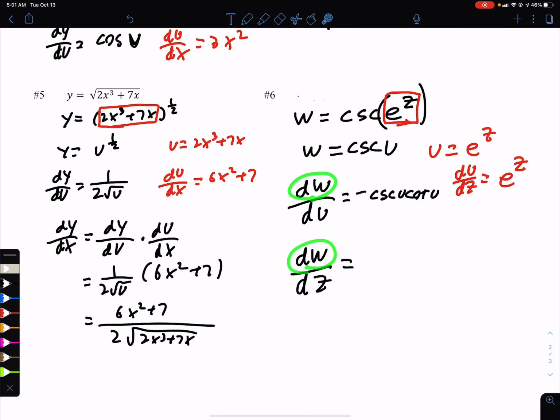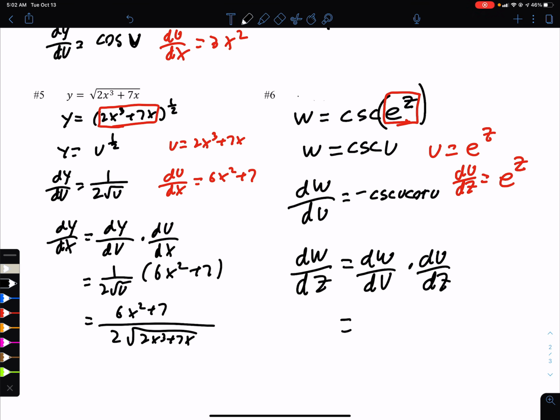Oh, there's a dw, dw/du. So it's dw/du, and I want a dz. Hey, I can find a dz here. So that's going to be du/dz. Well, dw/du I just found, it's minus cosecant u cotangent u. And then what's du/dz?